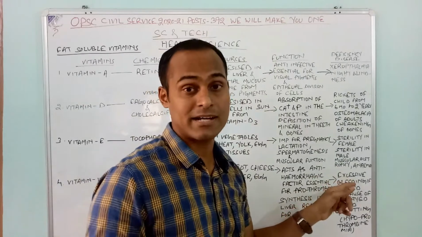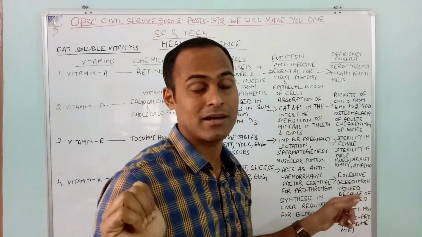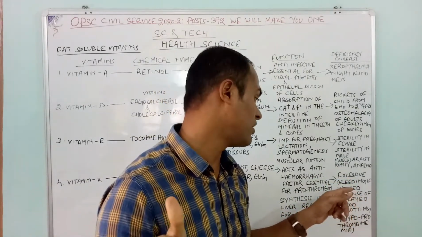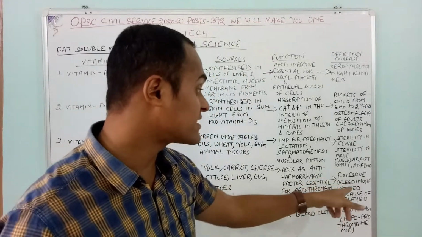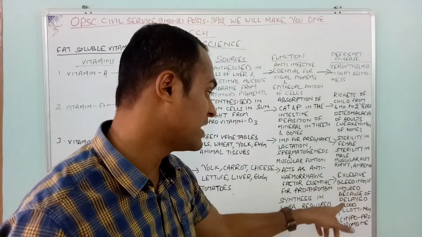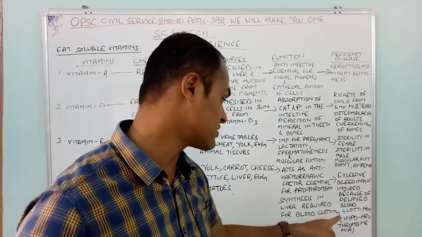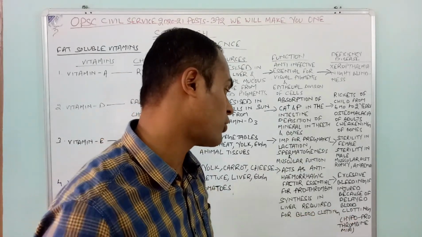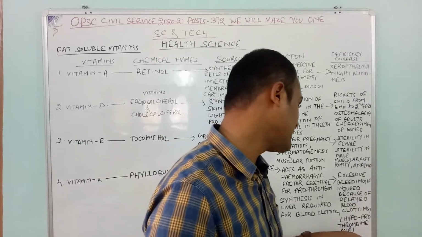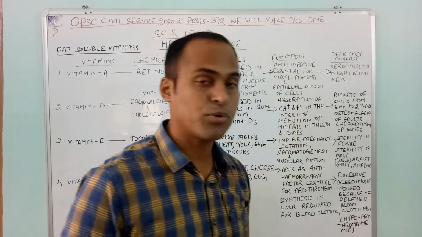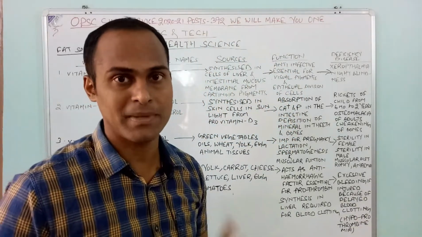Then what is the deficiency? Vitamin K deficiency will lead to excessive bleeding, injury because of delayed blood clotting. This particular health condition is called hypoprothrombinemia.